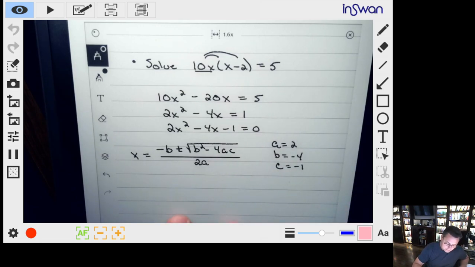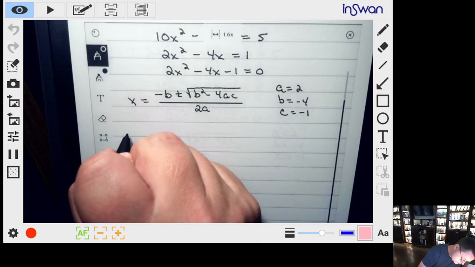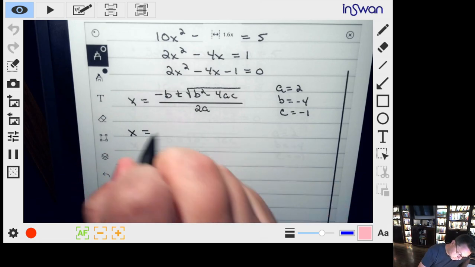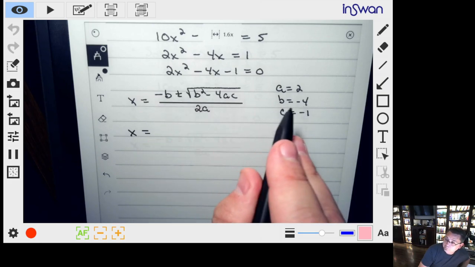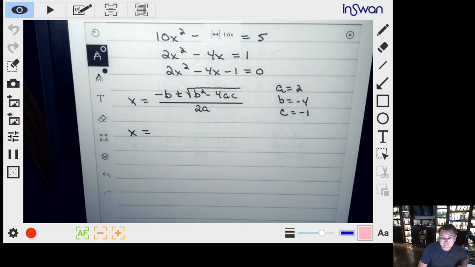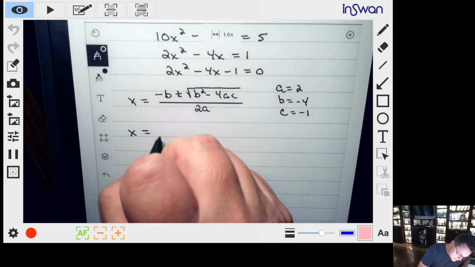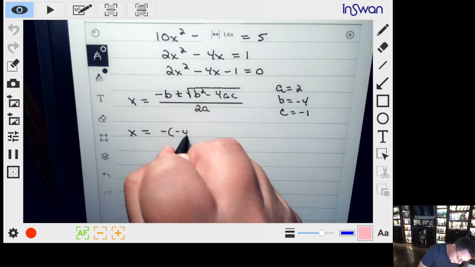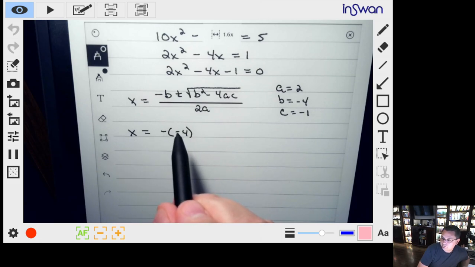Now it's just an issue of plugging those in. So x is equal to negative b, the opposite of b. Well, b is already negative 4, so the opposite of negative 4 is positive 4. You can write it like that, negative b, but a negative and a negative make a positive.